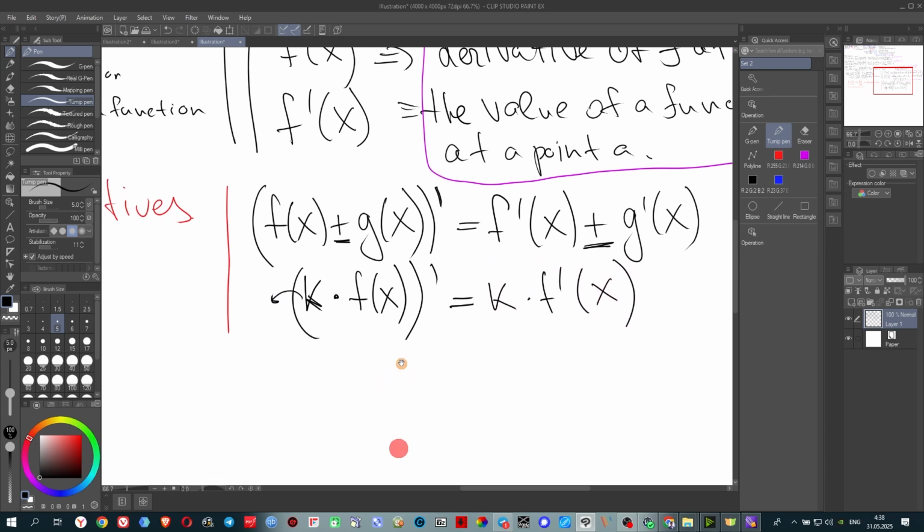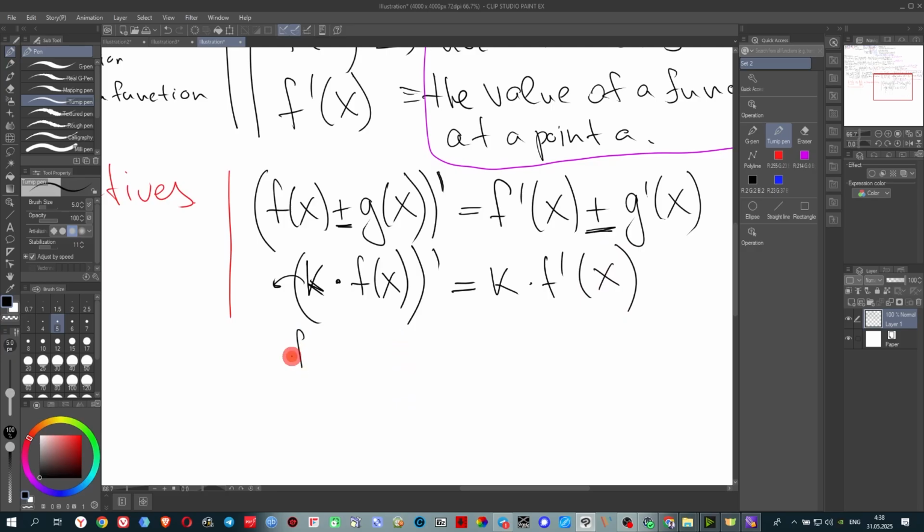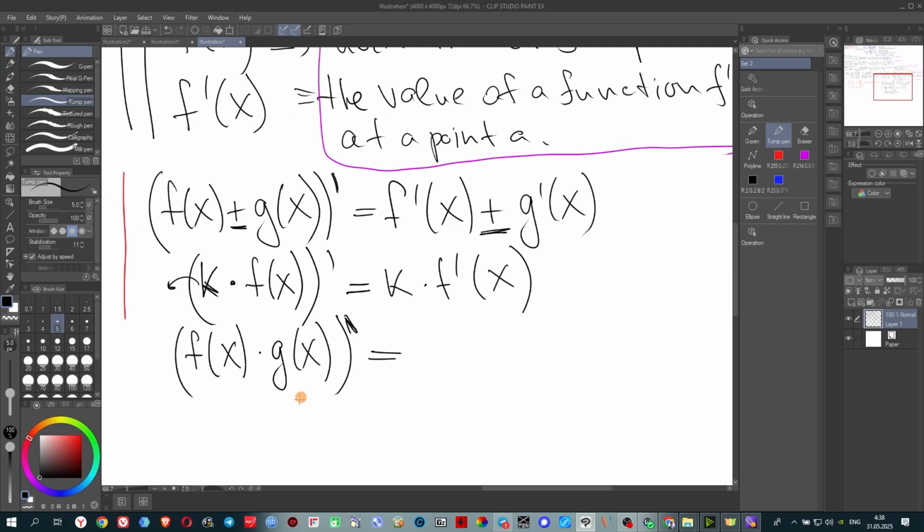But for example, if we have a multiplication of functions, f of x times g of x, and we want to take the derivative of this product, it would be a little bit more complicated. You just cannot write that it is f prime of x times g prime of x. You should remember the next formula.